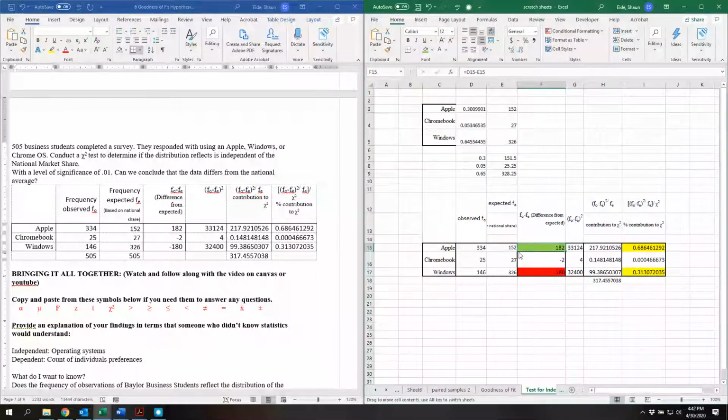The reason I did it is because Baylor students' representation of Apple computers and Apple operating systems is a lot higher than what's expected, while Windows computers is a lot lower than what's expected. So red means that there's a deficit, and green means that there's a surplus, when you compare the observed to the expected observations.